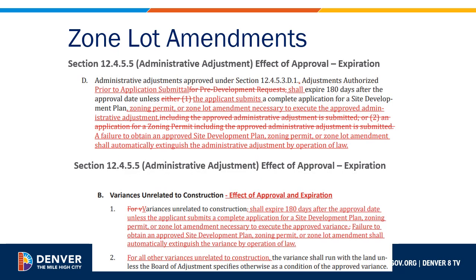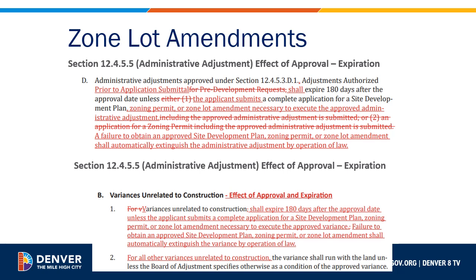These additions to the expiration sections for both the administrative adjustment and variance sections clarify that the AA or variance shall expire 180 days after the approval date unless the applicant has submitted a complete application for a zone lot amendment.